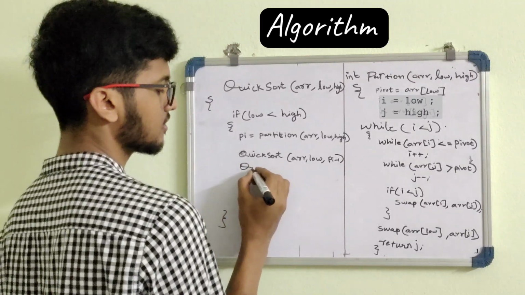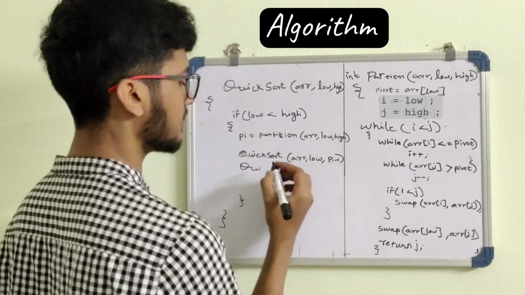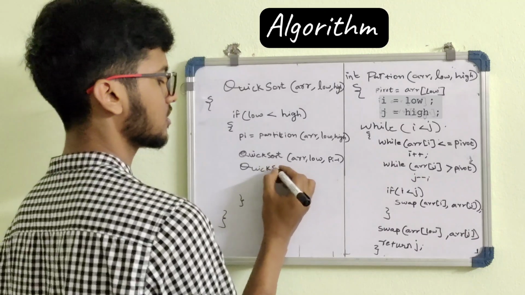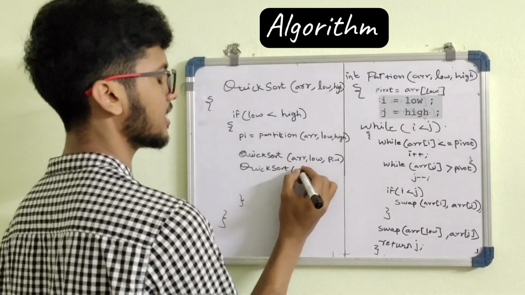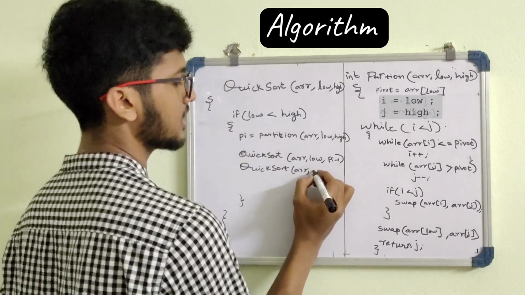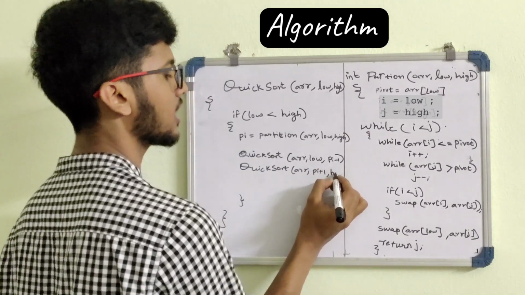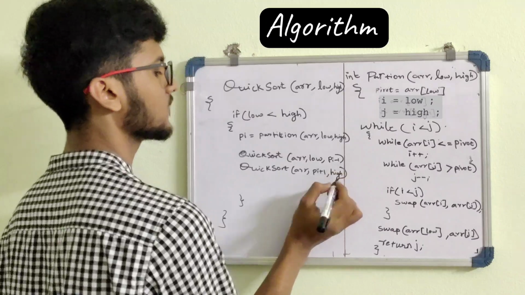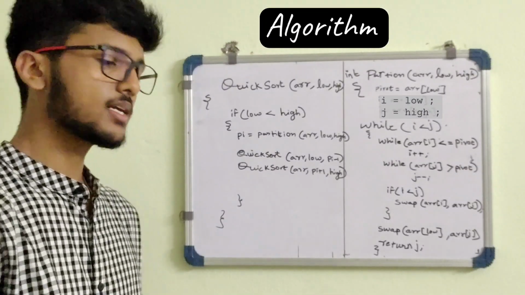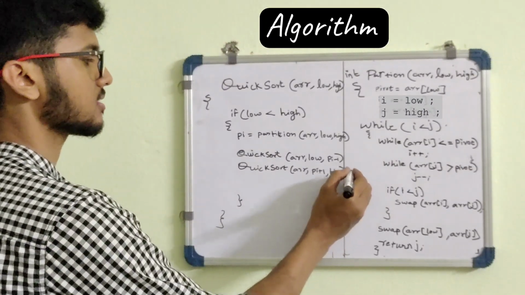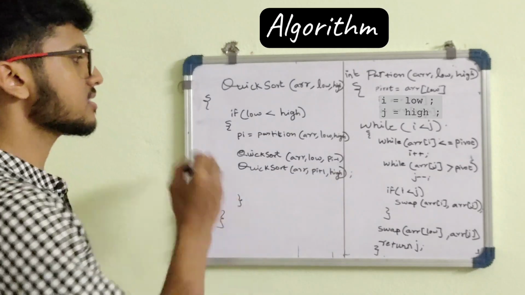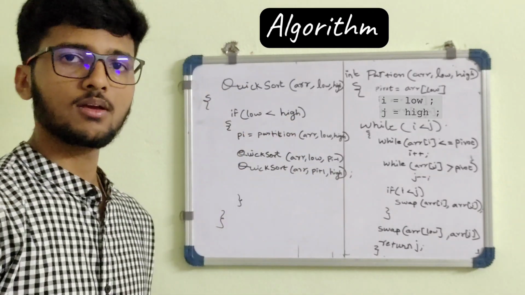And again we are going to call for the right side partition. So quicksort of array, that is partition index plus 1 to high. It's done. Quicksort is as simple as this. So this sorts the array.